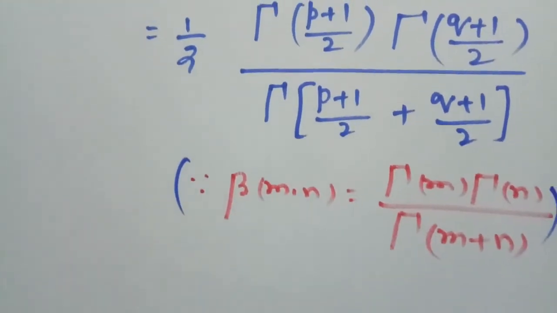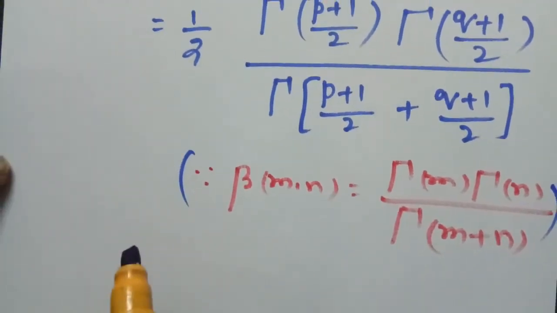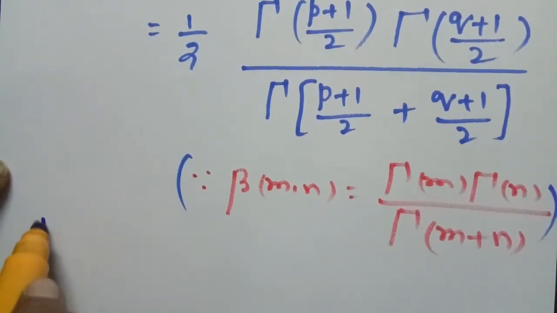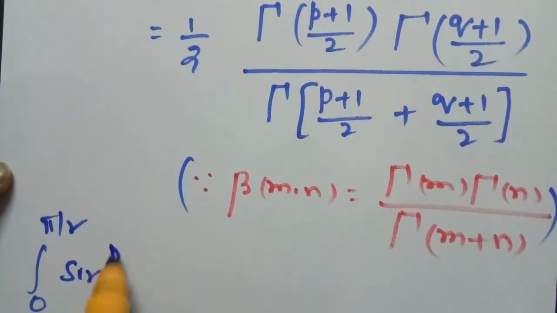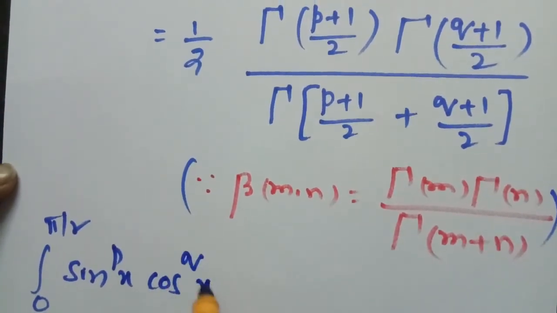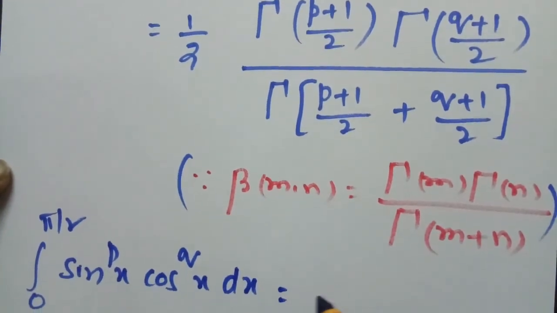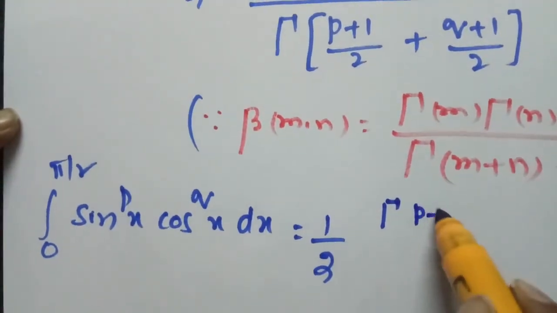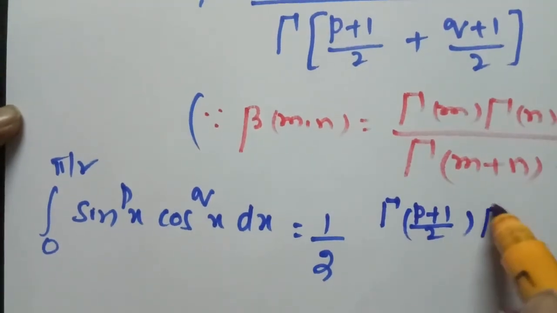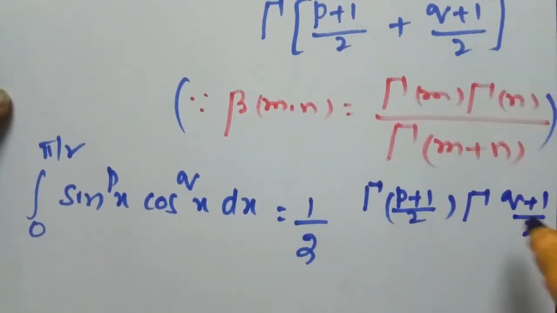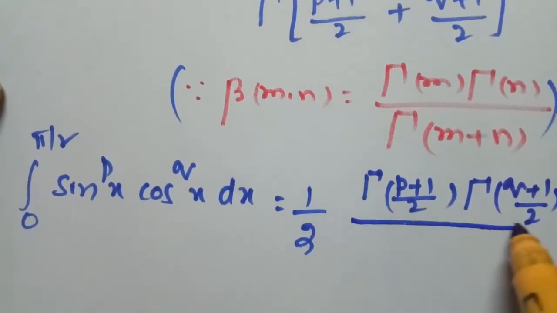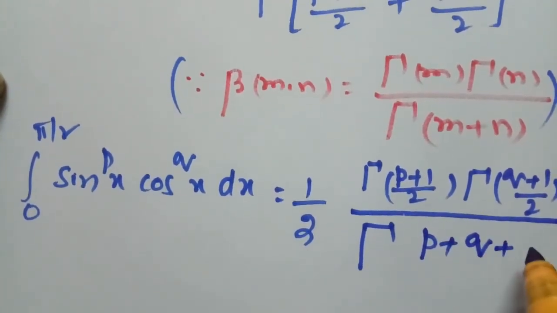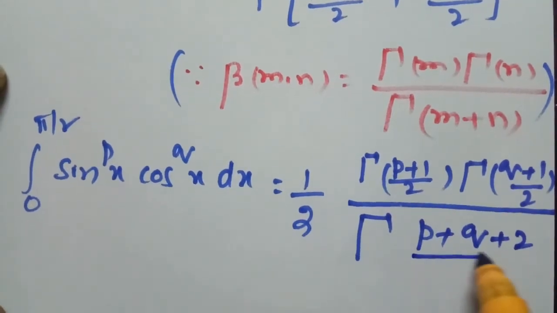before this result. Therefore, now the left hand side, integral 0 to pi by 2 sine to the power of px into cos to the power of qx dx, is equal to 1 by 2 times gamma p plus 1 by 2 into gamma q plus 1 by 2 by gamma p plus q plus 2 by 2.